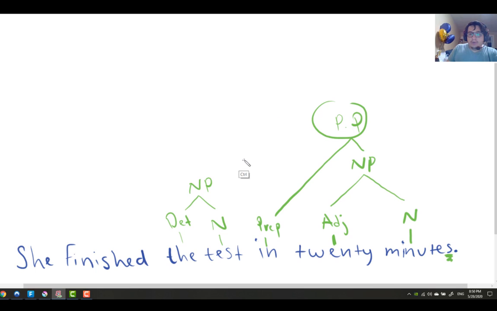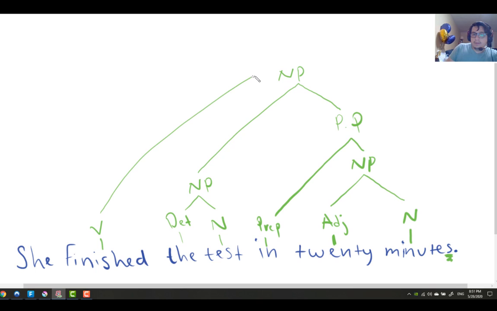So I will erase that circle and that arrow, and that means that this contains the prepositional phrase. And then we know that the constituent for this says that if you have a noun phrase plus a prepositional phrase, then that becomes a noun phrase, another noun phrase. Then what I have here is finished, which is a verb. So a verb plus a noun phrase becomes a verb phrase.